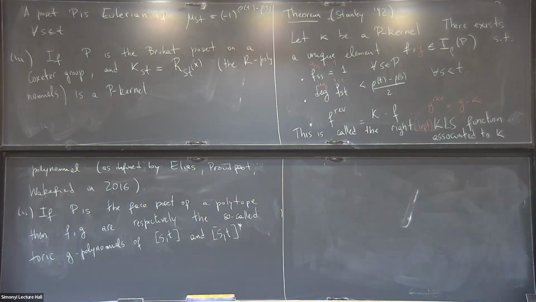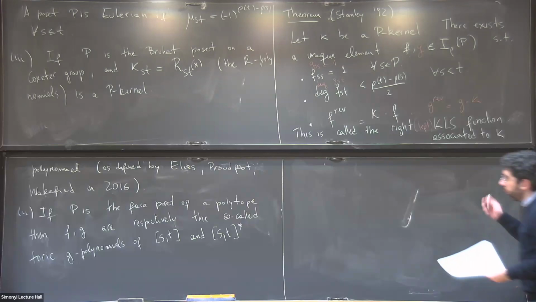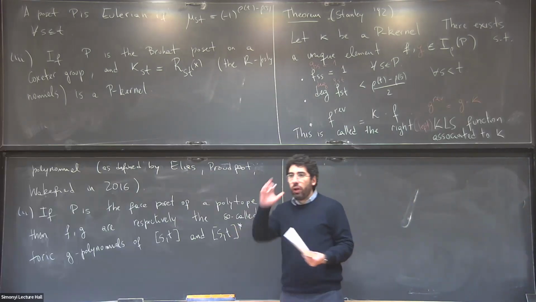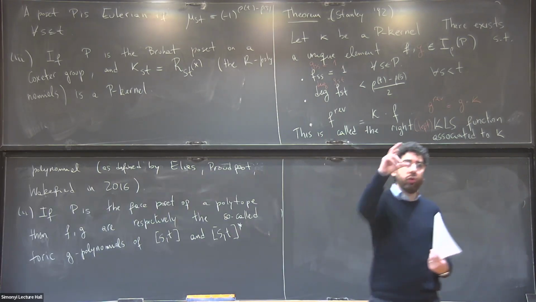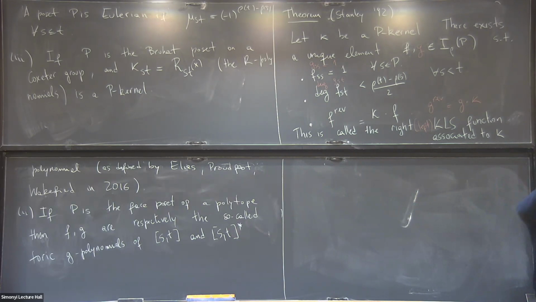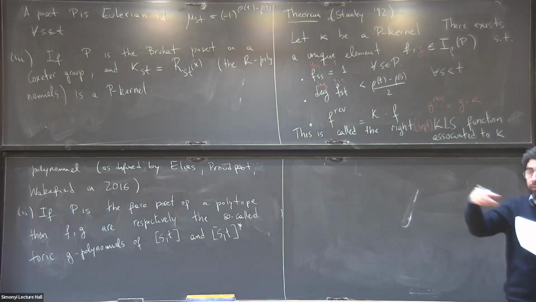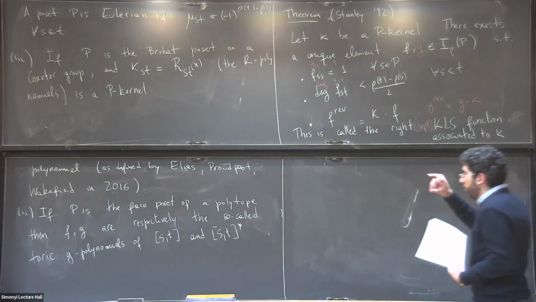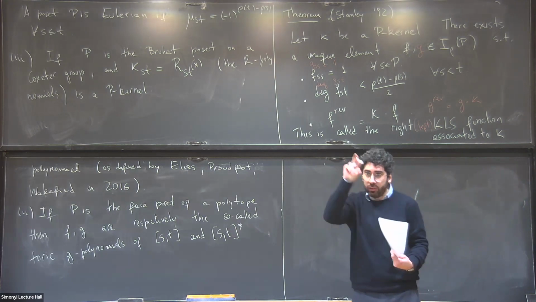So let me reformulate this. I won't get into much detail in this example because it requires some knowledge about h vectors of polytopes and so on. But the key thing is that if you have any polytope, there's something called the toric g polynomial of the polytope. Every interval in the face poset of a polytope will correspond to a polytope as well. So you can define this toric g polynomial for every interval.